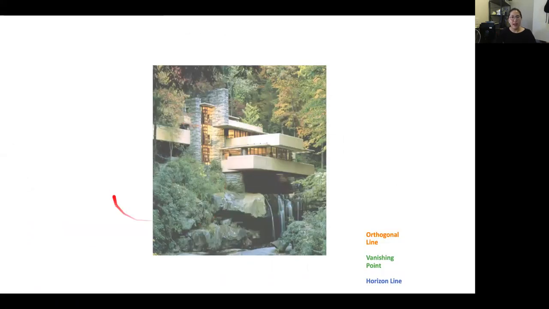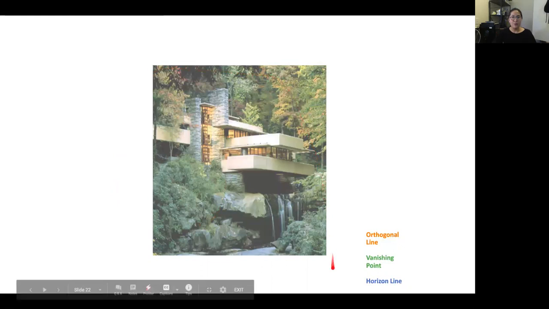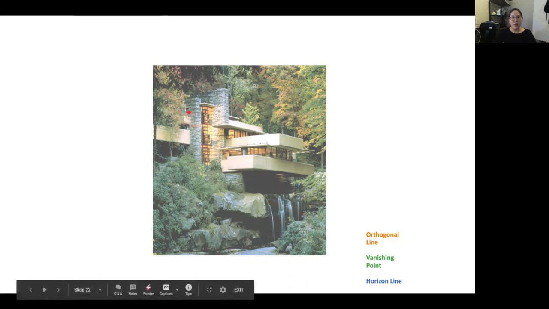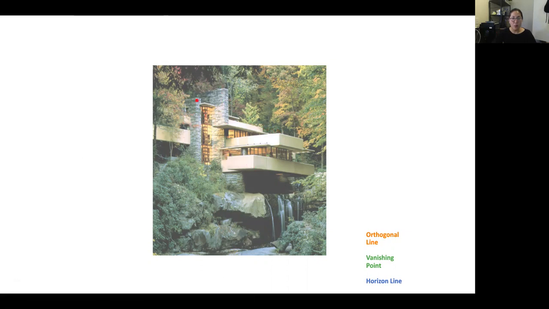So here I had to resize the photo, and I'm going to use an orthogonal line in orange. I'm going to look at all the edges. I'm seeing all the edges on the building. These are not one building, but different columns, really. So I'm going to use the left-hand side edges to make one vanishing point, like so.